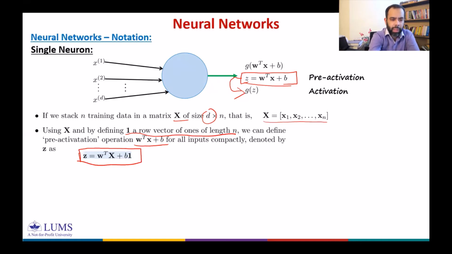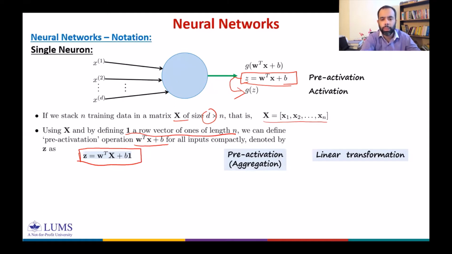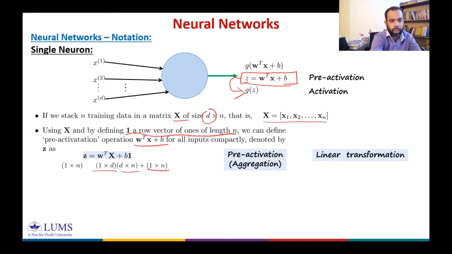I can compactly represent this Z in this form. This is a linear transformation of the inputs. If you see the consistency of the matrix multiplication, we define B as a row vector of length n, so B is 1 cross n. X is D cross n. W, the weights, how many weights? D. So 1 cross D, and consequently we have 1 cross n as the dimension of Z.